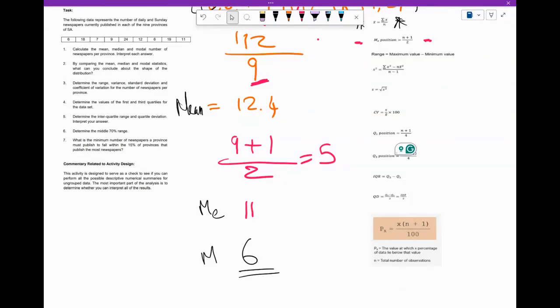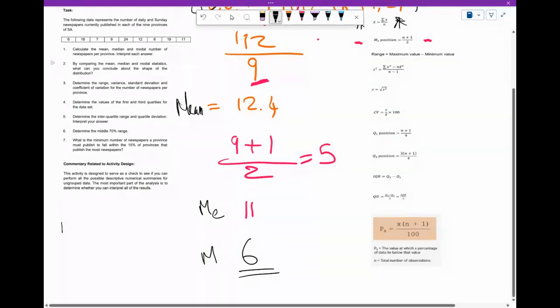Anybody? So here what you want to then look at is you need to rank them in terms of their largest to smallest. So here we can see that our mean is greater than our median, which is greater than our mode. Can you see that?